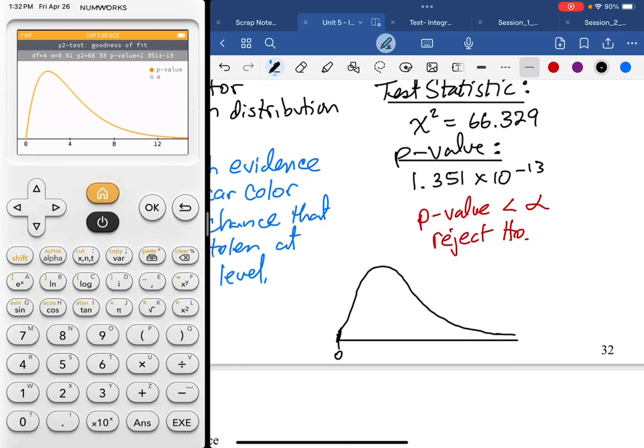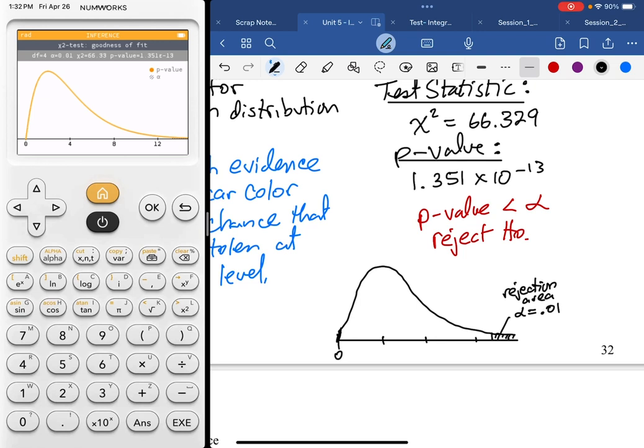So if they scaled it, they went by 4, so 4, 8, 12, and then somewhere over here is where the alpha rejection area, that's where it lives. That's alpha is equal to 0.01 with degrees of freedom of 4.